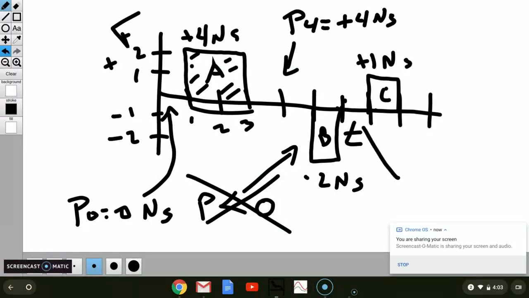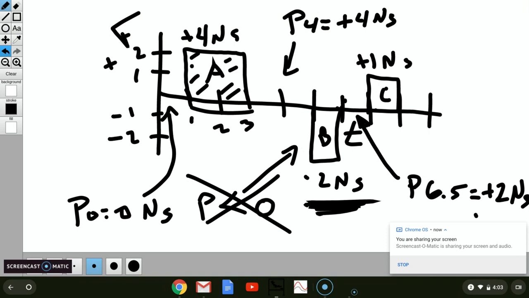After impulse B, at about 6.5 seconds, the momentum after a change of -2 would still be a positive 2 newton seconds. So you can have a negative impulse, but not necessarily a negative momentum.